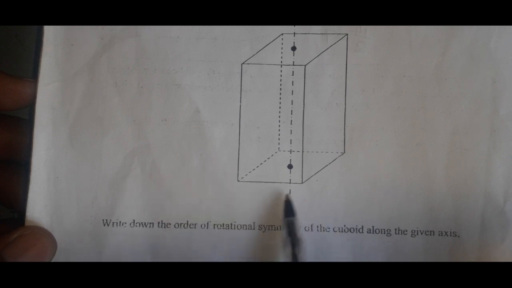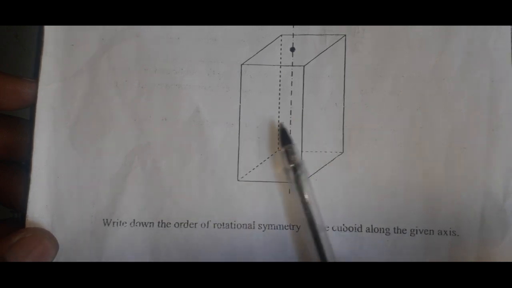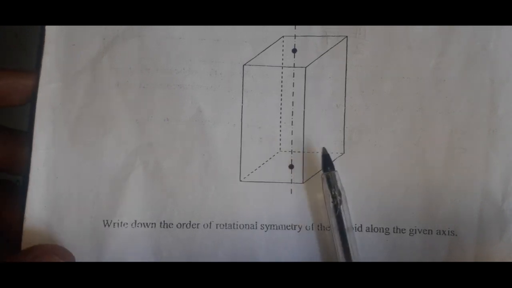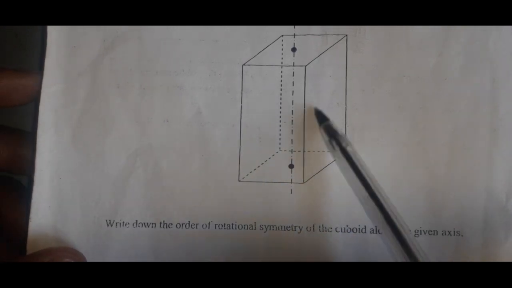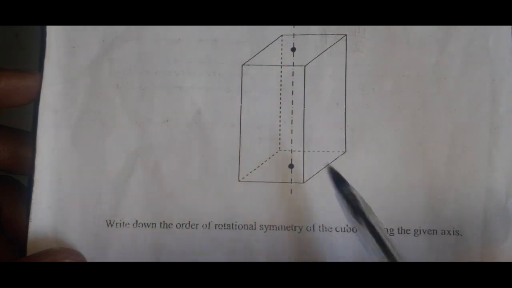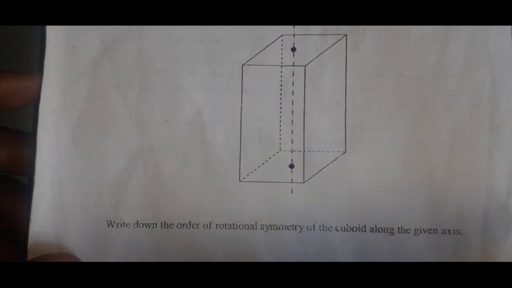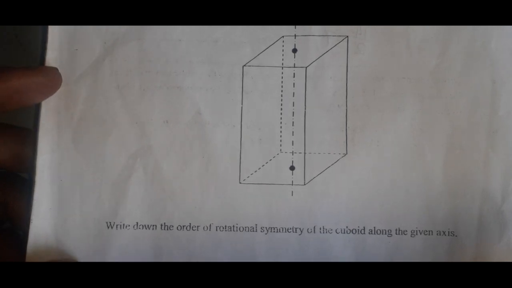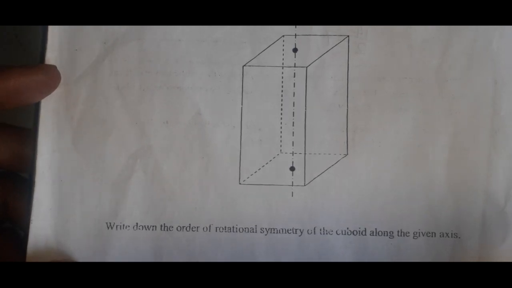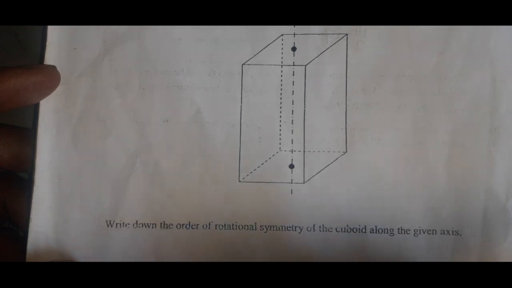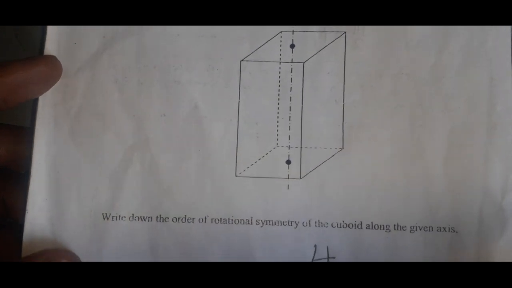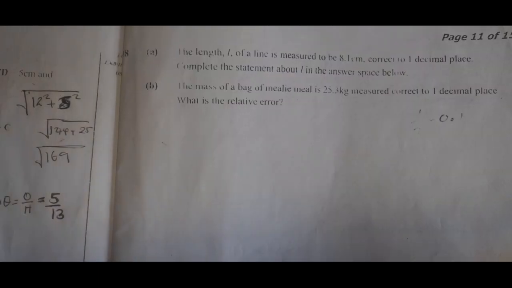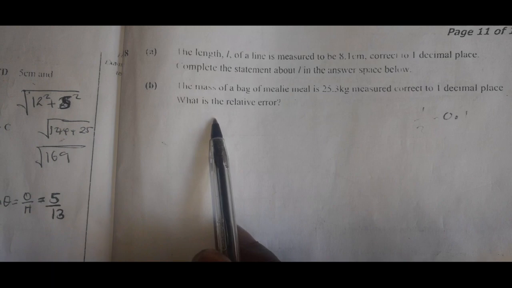In how many ways can this be rotated and maintain the same position as if it hasn't been rotated along this axis? The answer is 4. That is what will be the order here. Okay, so we come to question 18.